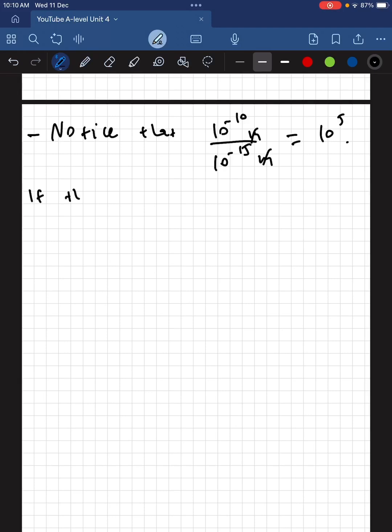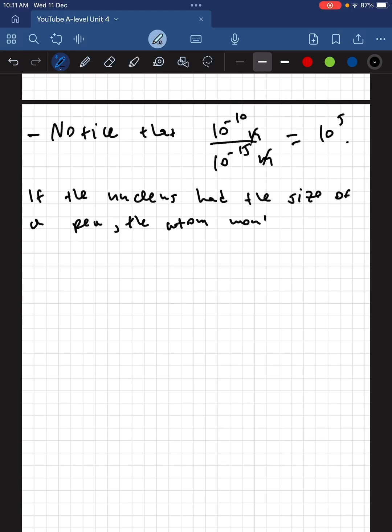And if the nucleus had the size of a pea, the atom will have the size of a stadium. So imagine a pea in the center of the stadium, maybe in a football pitch, then the atom will be as large as the pitch itself, okay?